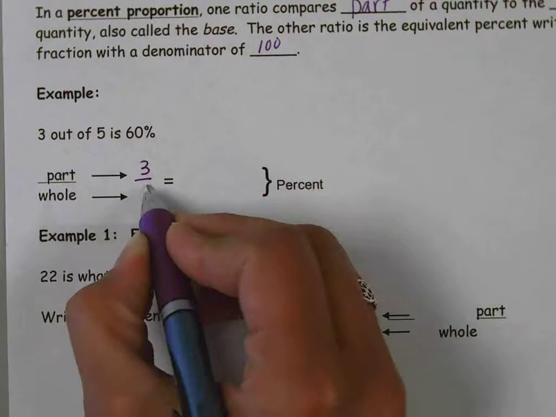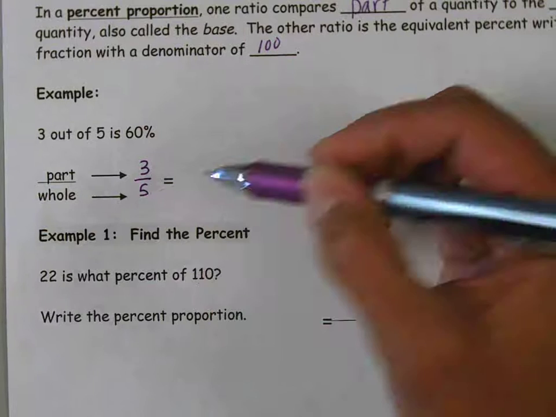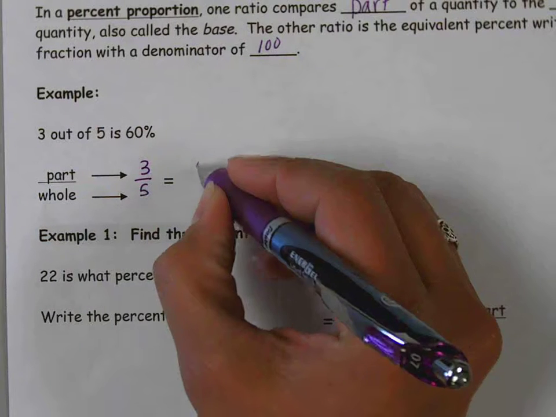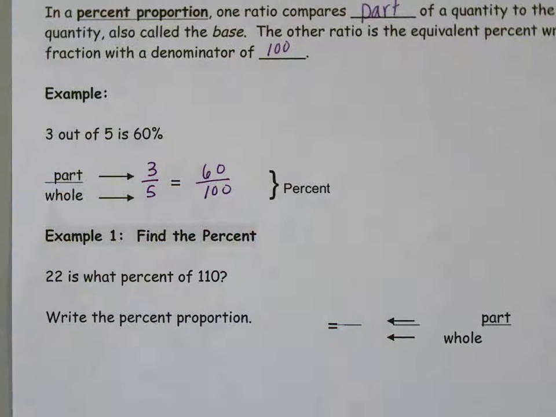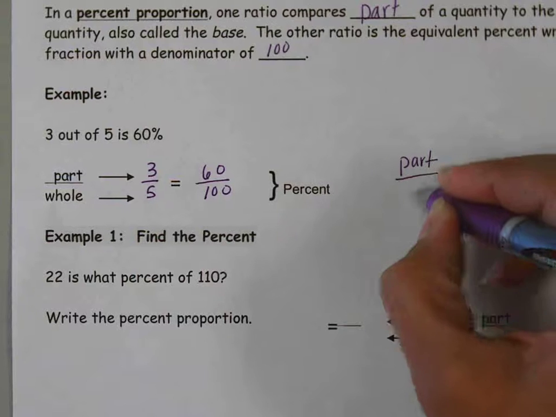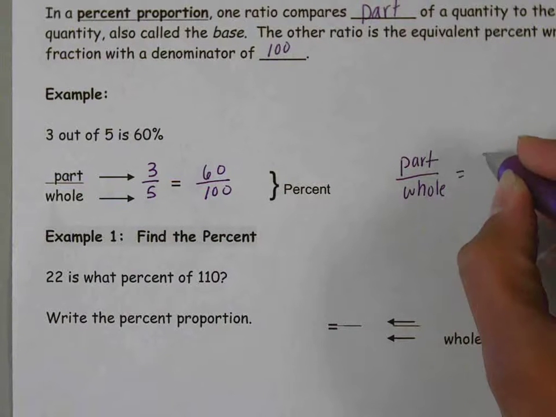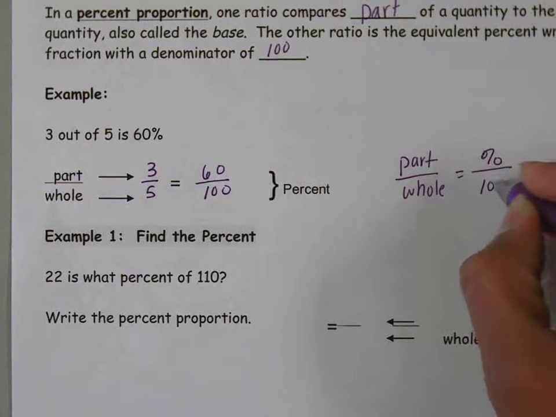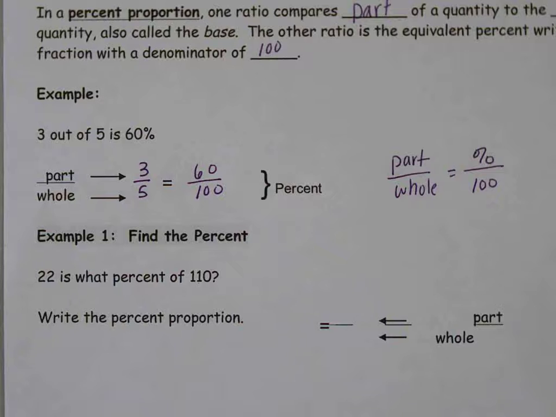The whole is 5. 3 out of 5 is 60%. And then we write that percent out of 100. So our percent proportion is part over the whole equals the percent over 100. And it's like that every time.